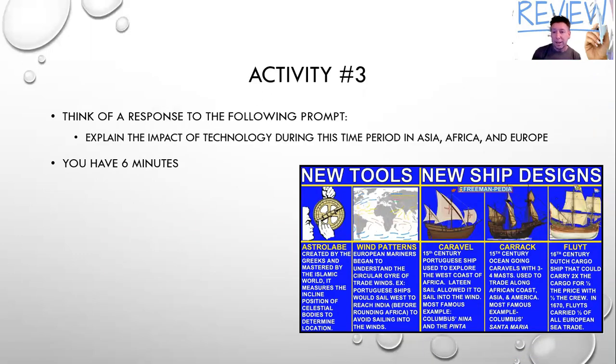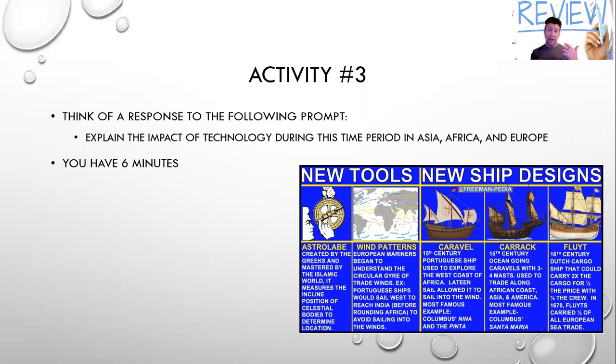All right. The next activity, this is activity number 3, and that is looking at technology. There is a lot of technology that changes from 1200 to 1750, technology that is invented, or technology that changes. And I gave you a little image here, new tools, new ship designs. Why?